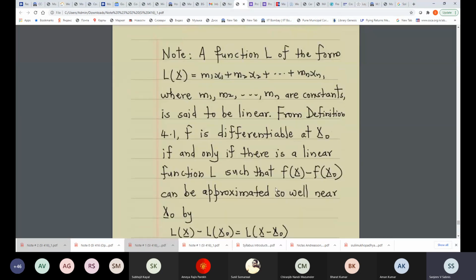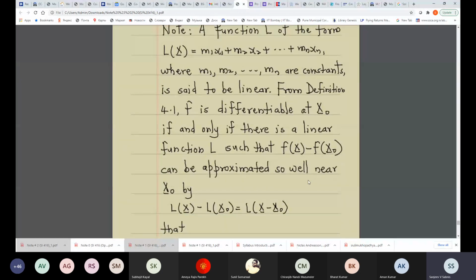And from the definition, f is differentiable at x0 if and only if there is a linear function L such that fx minus fx0 can be approximated so well near x0 by this Lx minus Lx0.